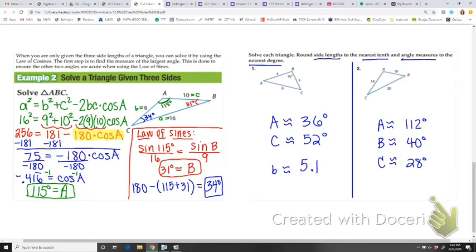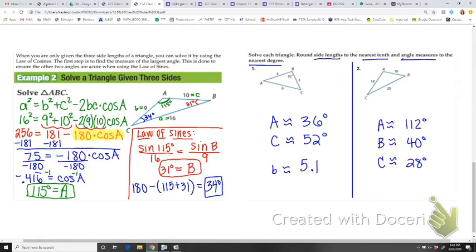And like before, I'm going to substitute all the variables that I know. So I know that the side that was opposite of A was a 16, so that is lowercase a. The side that was given to us that was opposite of angle B was the 9, so that fills in for the lowercase b. The side that's opposite the capital C was 10, so that fills in for lowercase c.